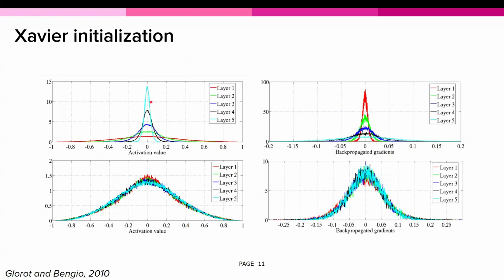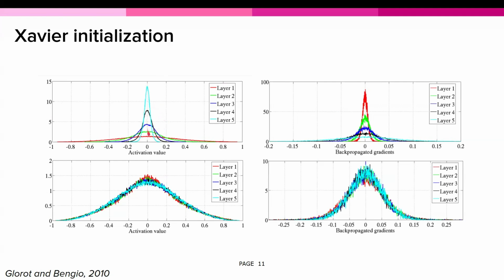On the left-hand side, we see the distributions of activation values across 5 layers using some activation function. In the top left figure, this is a standard initialization.